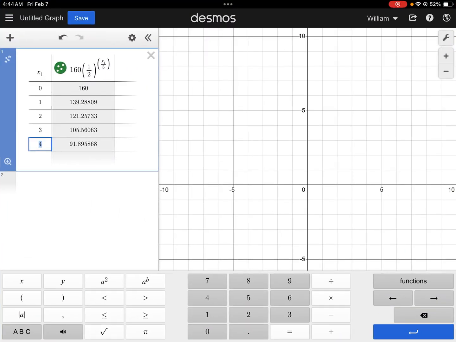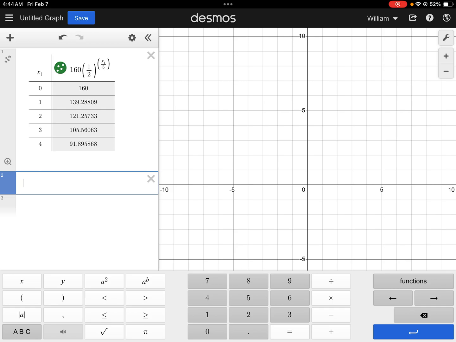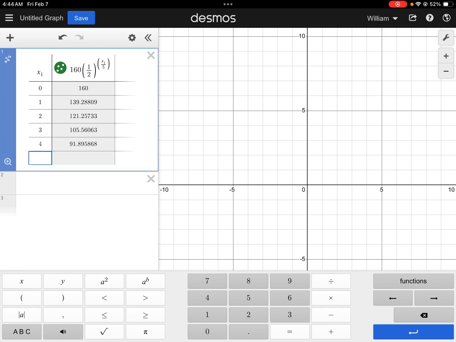And let's just continue this on. I'm not going to write it down. I just want you to see, let's put in 5 there. 5 is a nice whole number because there's your half-life. After 5 hours, you have 80.